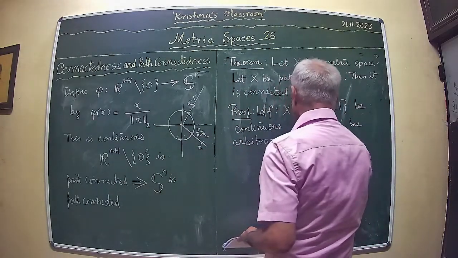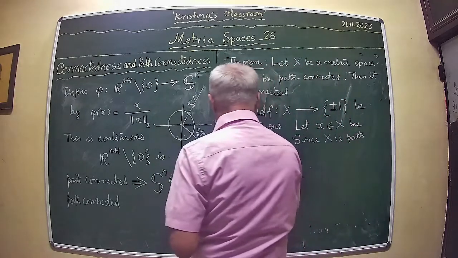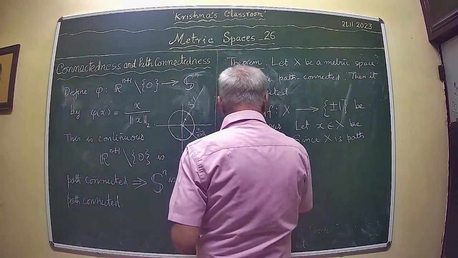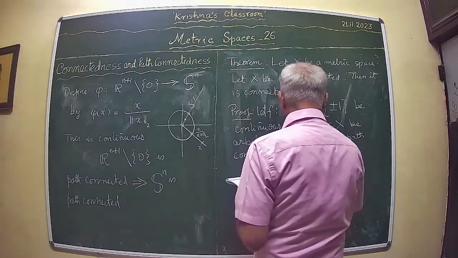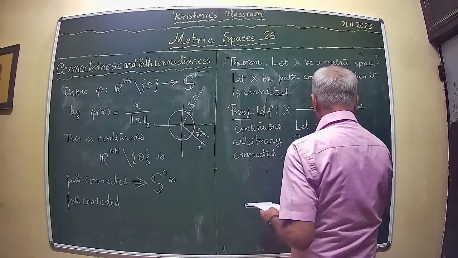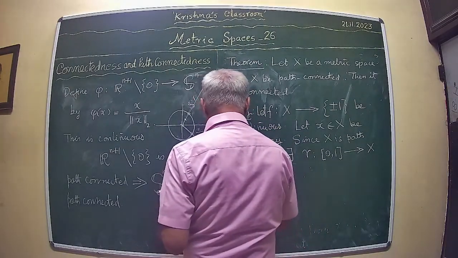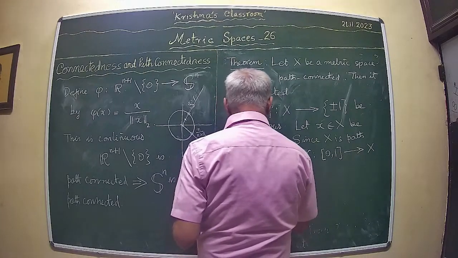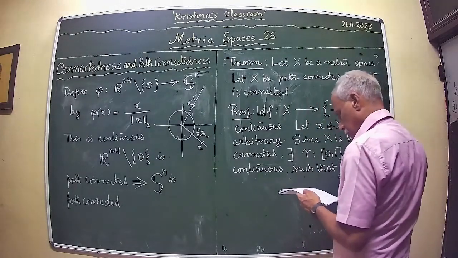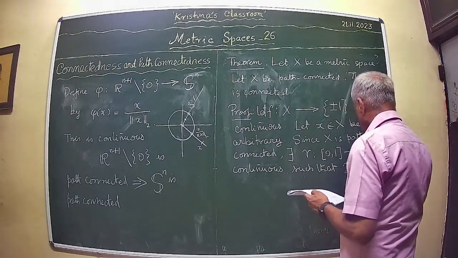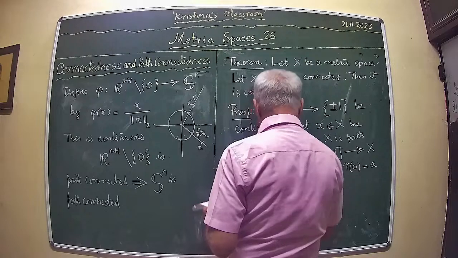Since X is path connected, there exists a continuous map from [0, 1] to X such that gamma of 0 is A and gamma of 1 is x, so A is some fixed point.